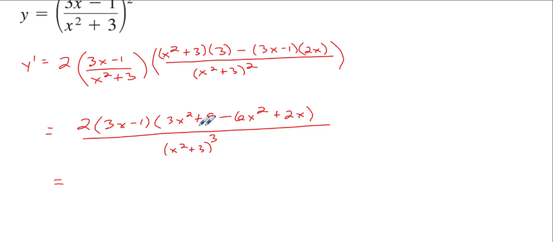All right, I just think we just combine like terms here. Maybe we could factor and cancel one of these x squared plus 3's. I don't think it's going to happen though.